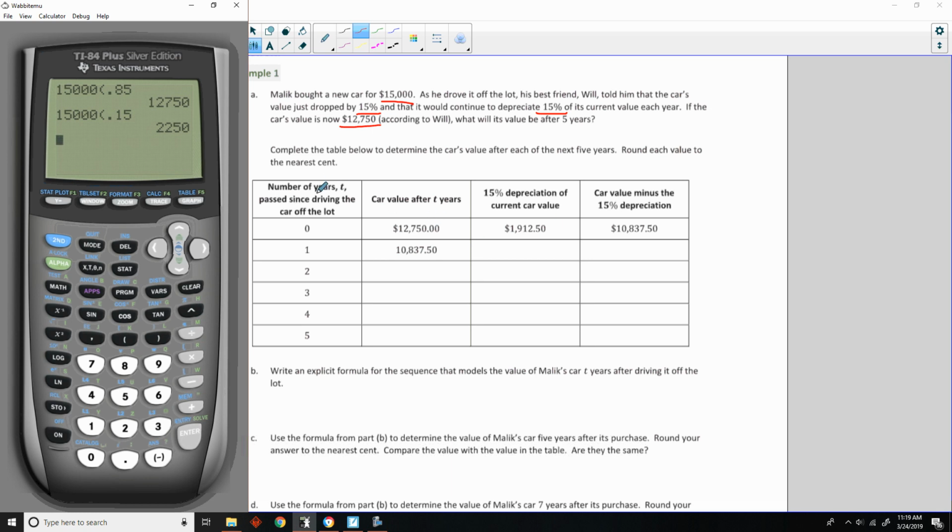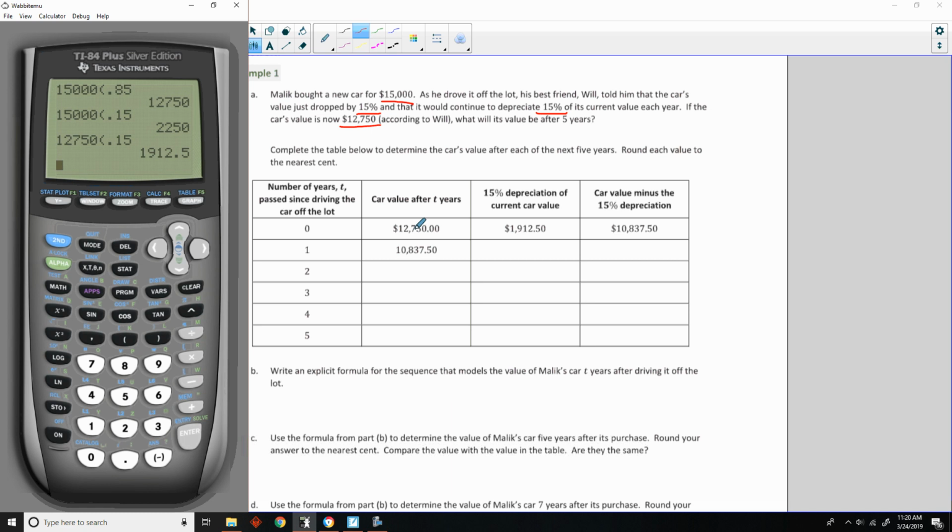Okay, the number of years T passed since driving the car off the lot is 0. Car value after 0 years is $12,750. 15% depreciation of the current car value would be $12,750 times 0.15.